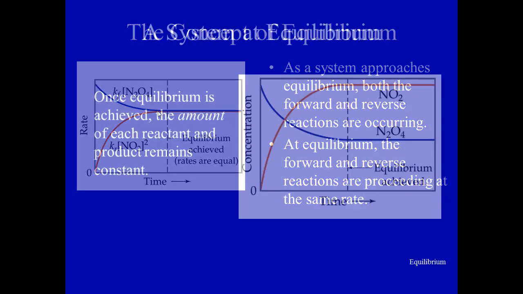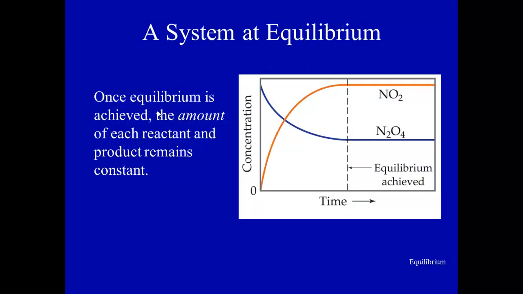Now, graphically, equilibrium can look kind of different here. So the reason why I said look at the axes is because this axis right here is concentration. So equilibrium does not mean you have equal amounts, okay? You can have different amounts of stuff.